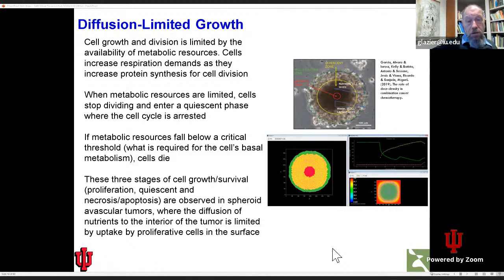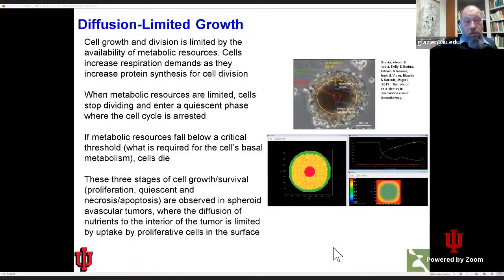If metabolic resources are limited, you're hypoxic, or you don't have enough glucose, the cell basically goes into a safety mode where it will survive but not grow. And if the metabolic needs of the cell to survive aren't met, then the cell will die.